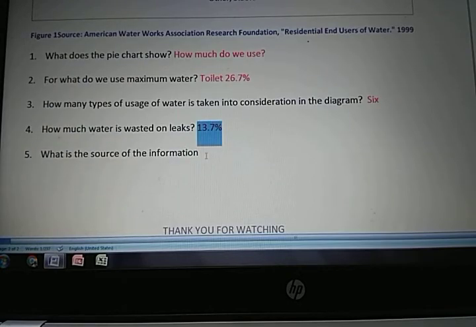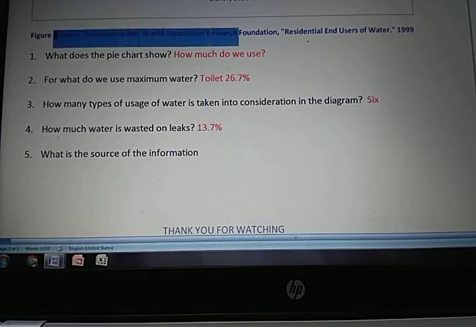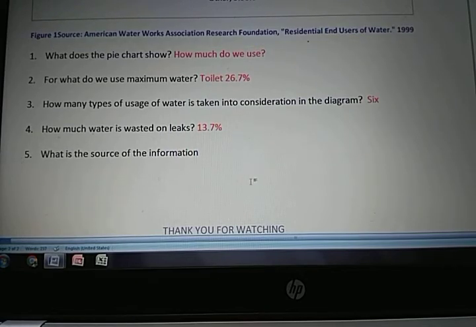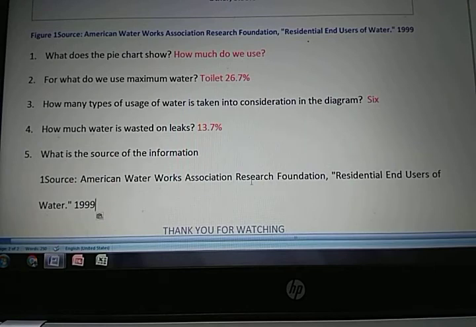And next, what is the source of the information? You see, the source of the information is given here. That thing you should copy. Clear? What is the source? The source is American Water Works Association Research Foundation.